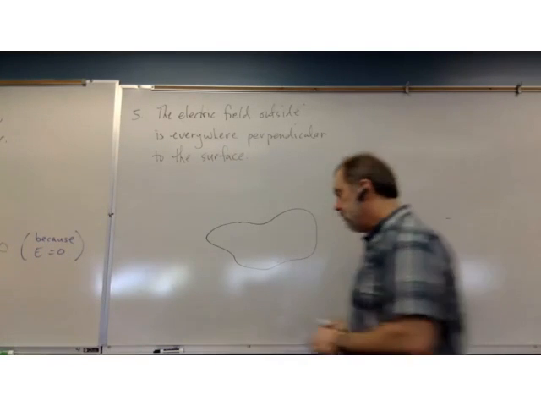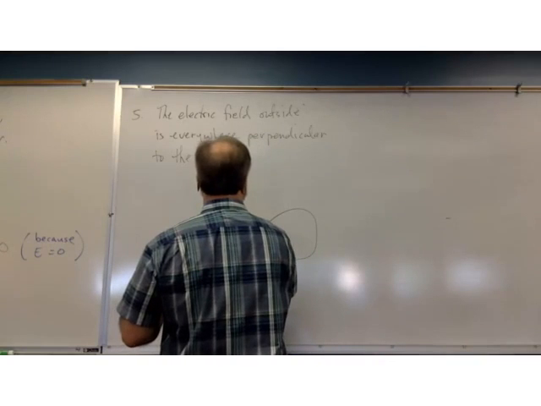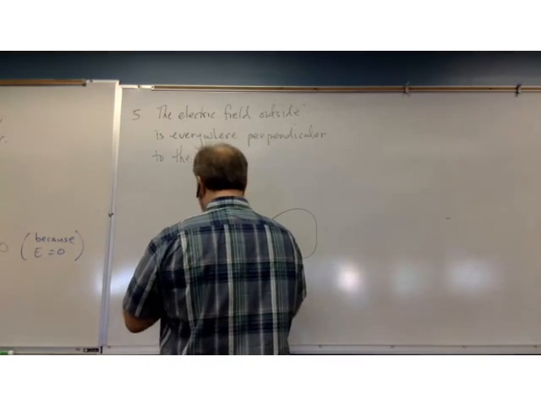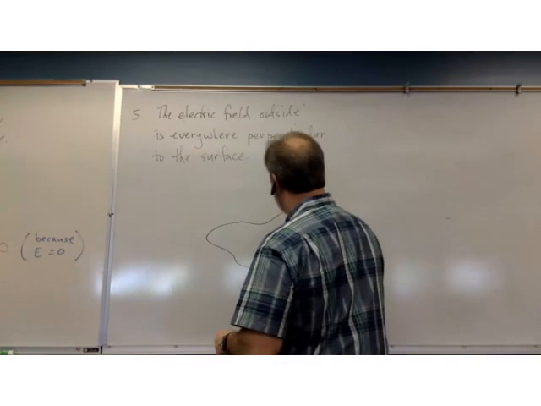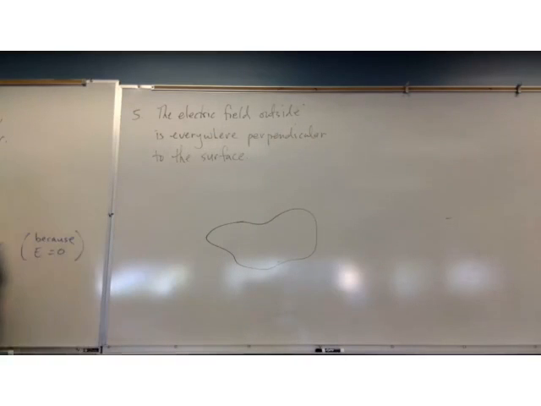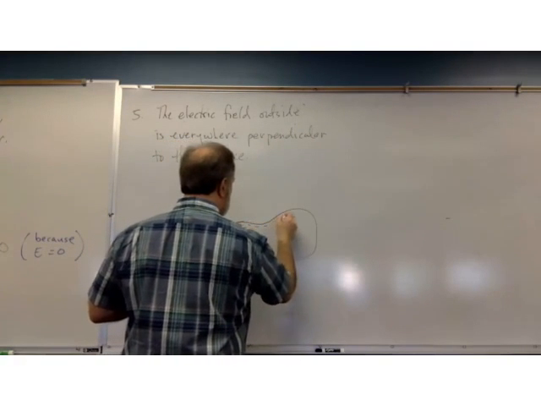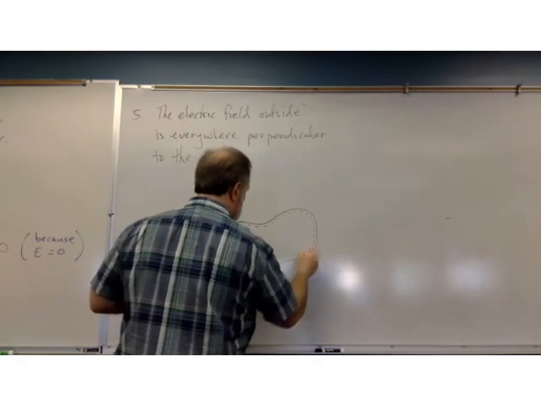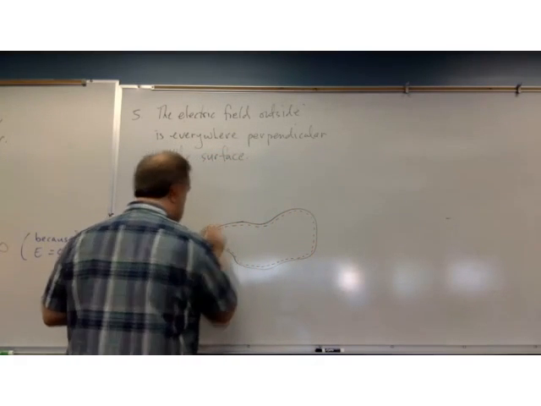Let's suppose that the electric field were not perpendicular to the surface somewhere. Let me back up. We've talked about how the excess charge is going to live on the surface here, and what I'm drawing here is excess charge.